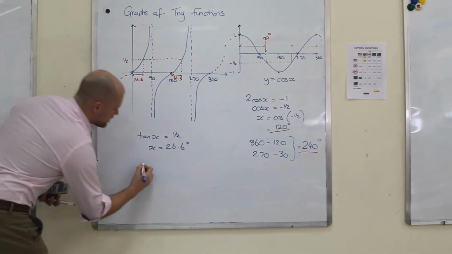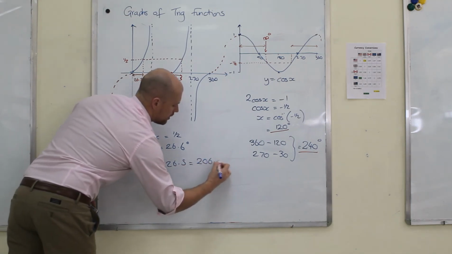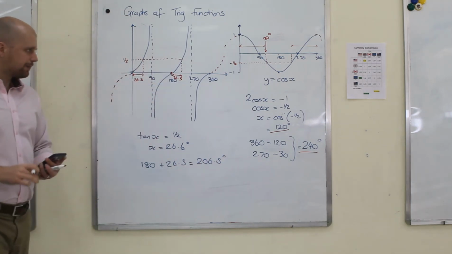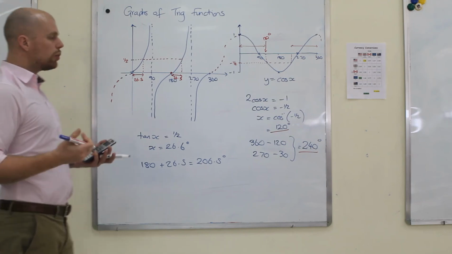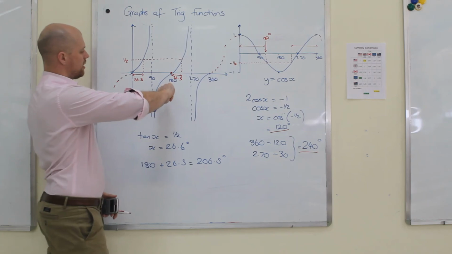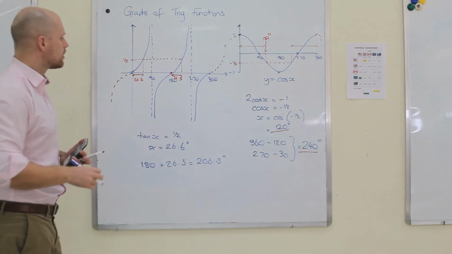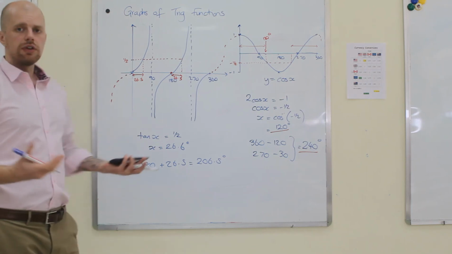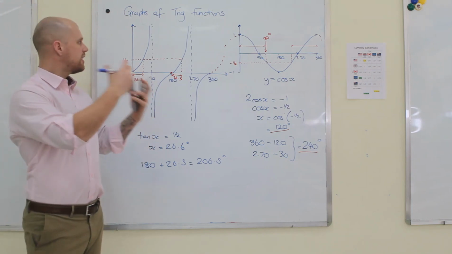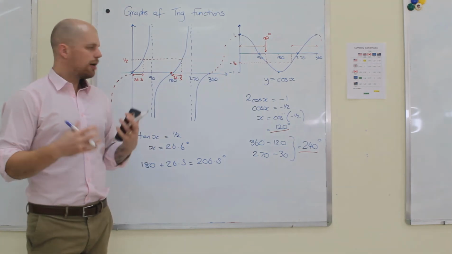So the other answer is 180 plus 26.5, which is 206.5 degrees. Turns out with tan, all you need to do is add 180 to your answer. So even if your answer's down here at 110, just add 180 to it and that will give you the other answer. And that's a very brief overview of how we would use the graphs of trig functions to solve some simple trig equations.